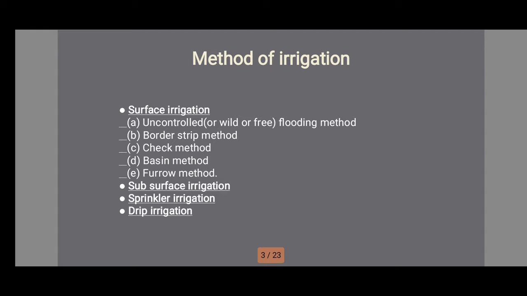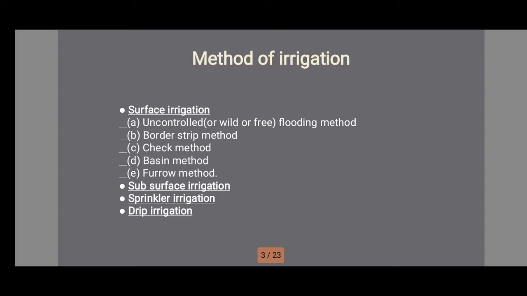Surface irrigation is applied on the surface, subsurface irrigation is applied under the surface, sprinkler irrigation is the application of water through sprinklers, and drip irrigation means the application of irrigation water in the form of drips.